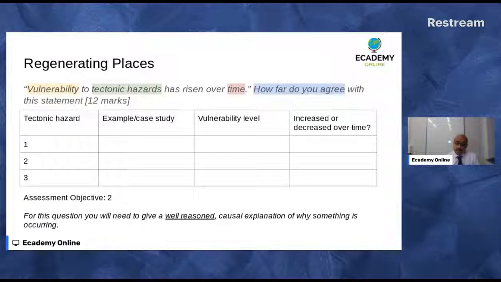And has this increased or decreased over time? You can say temporally, the date range is probably about 500 years. Every 500 years, the volcano erupts. So in a human time period, it's moderate. It's not very long, it's pretty moderate.